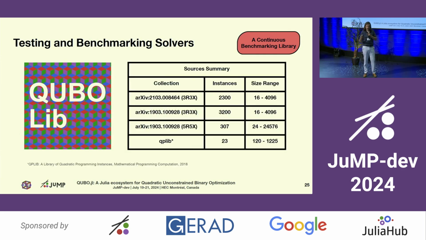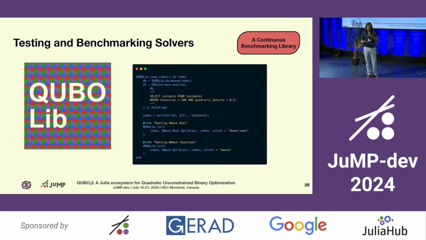So QUBOWL, essentially, is a collection of other well-known quadratic programming, and especially quadratic unconstrained binary programming, instances. We gather them together. We also use our reformulator to generate some of these instances. Everything that we have here is indexed by a SQL database that allows you to select which kind of instances you want.